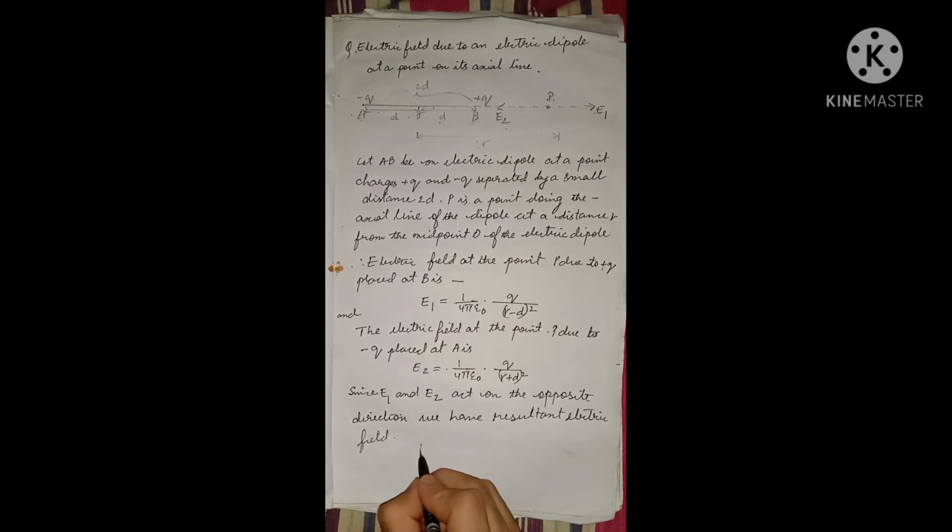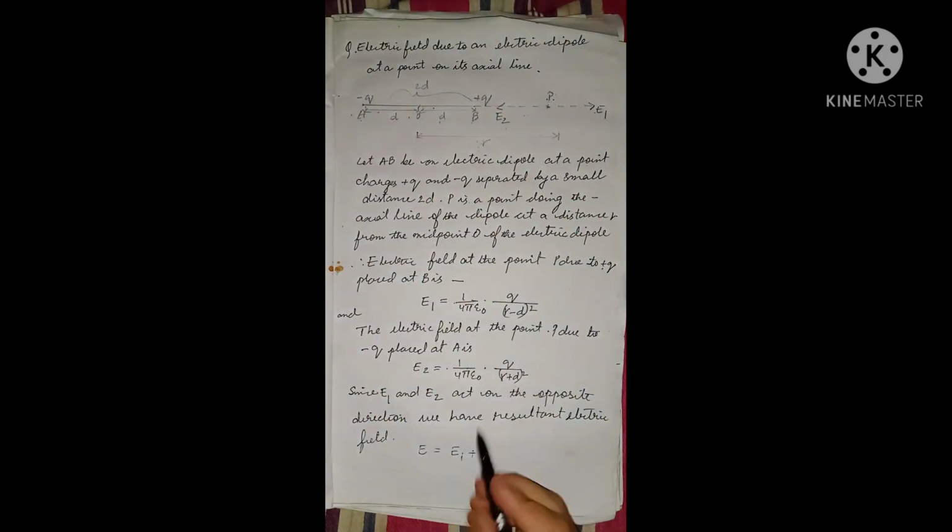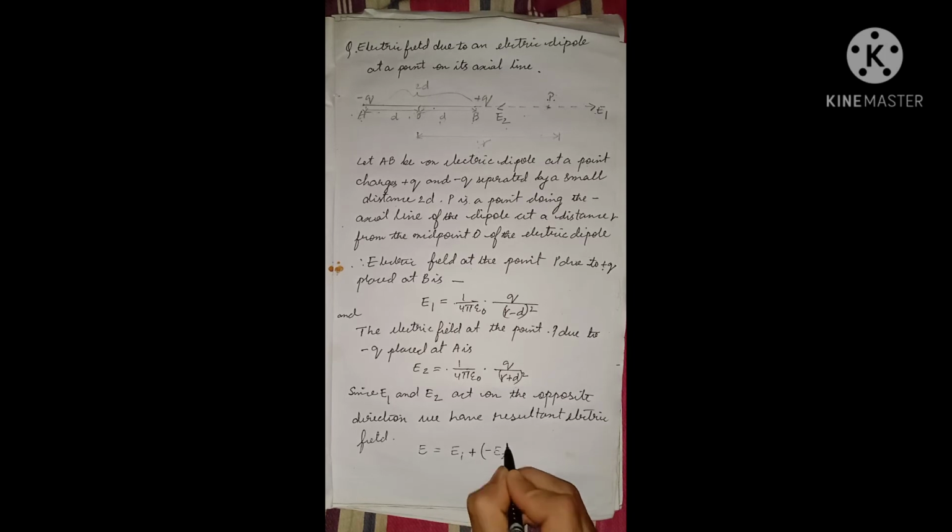Therefore we can write E is equal to E1 plus, since they are acting in the opposite direction, now we need to write here minus of E2.